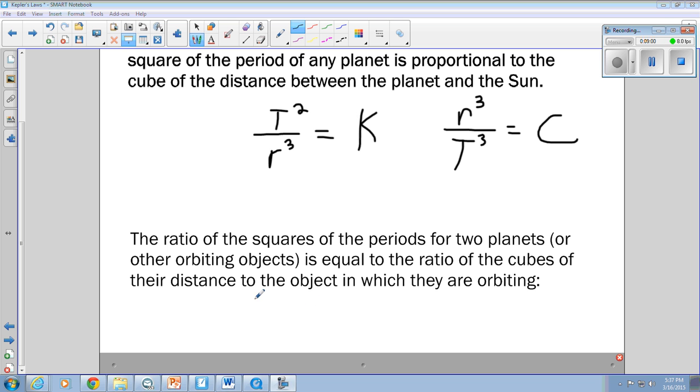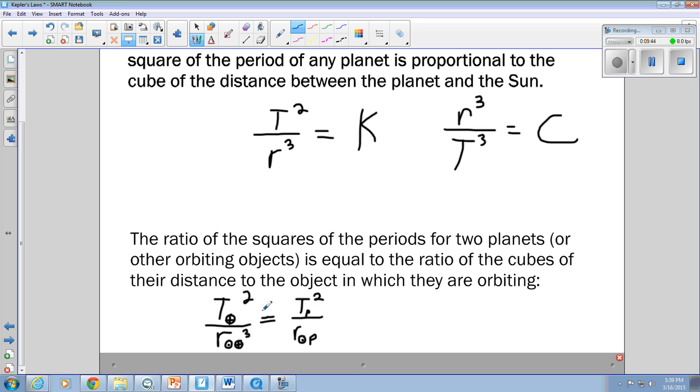So if we took the period of the Earth, the period of Earth squared over the radius from the sun to the Earth cubed is equal to some constant. Well, any other planet in Earth's solar system is going to be equal to this same constant. So we can say that the period of any other planet, just call it planet P, squared over the radius between the sun and that planet P cubed, they're going to be equal.